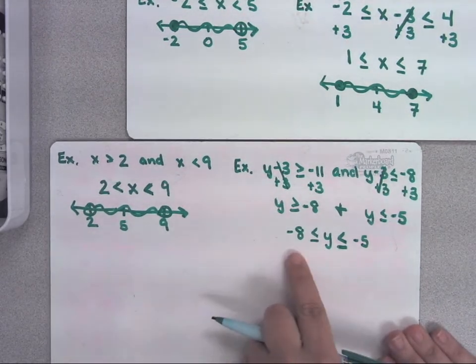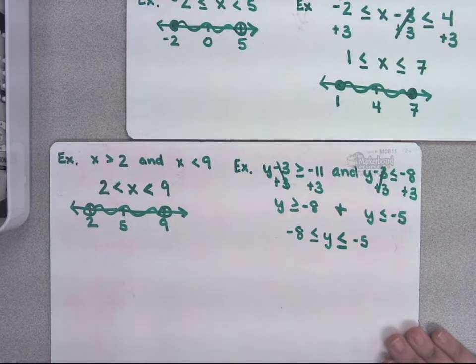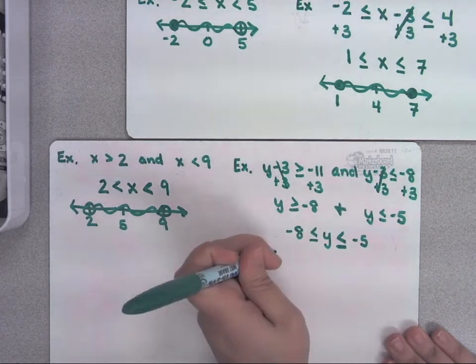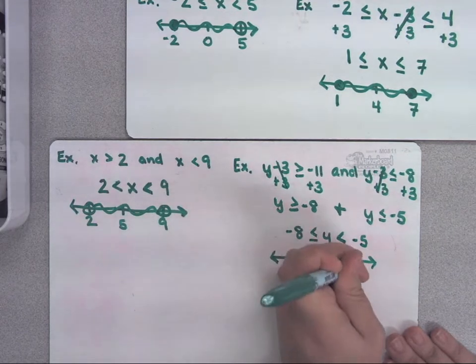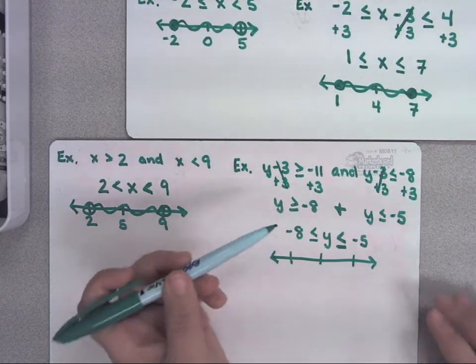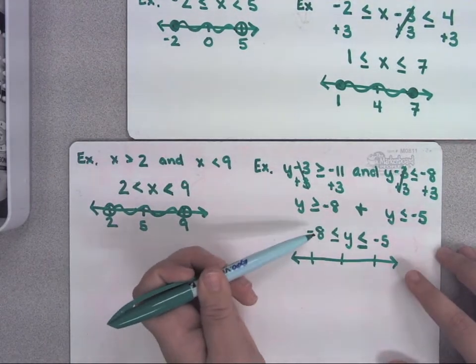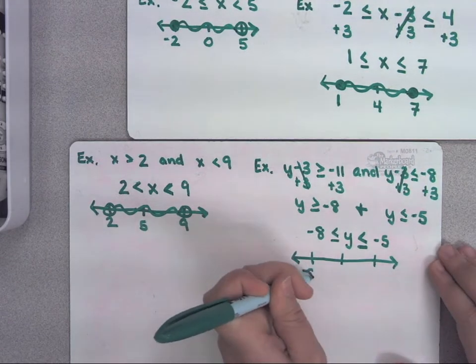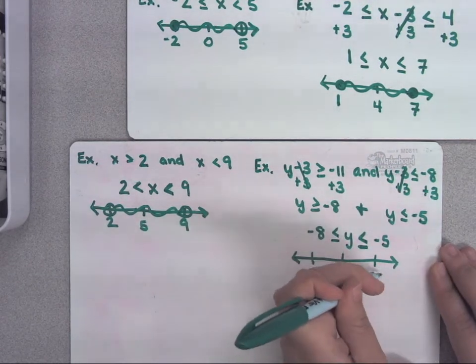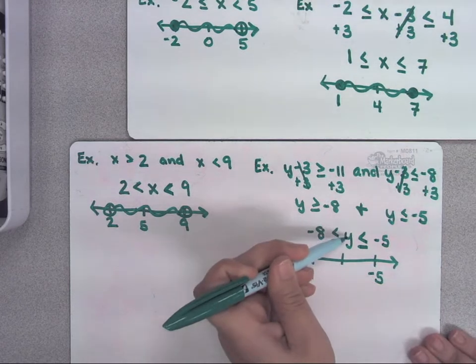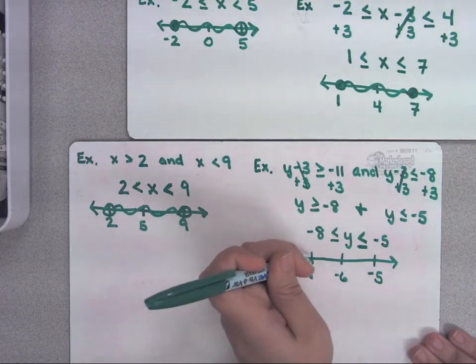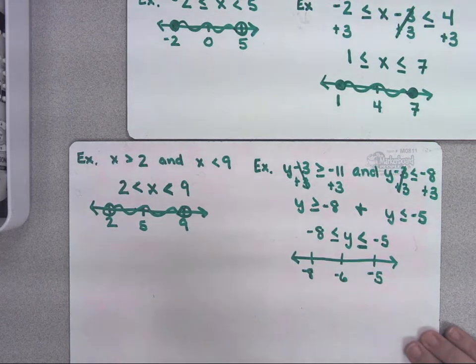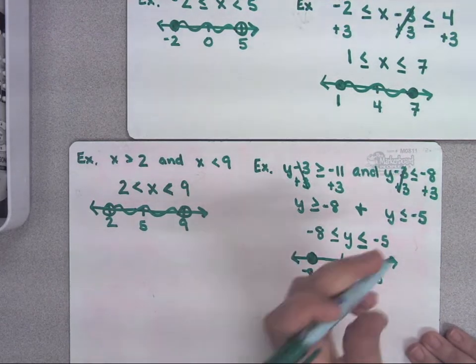Now that it's one big answer, can we graph it? Yes. And see, look, if you write it underneath, the negative 8 goes straight underneath, and then the negative 5 goes underneath. Y is right there in the middle, so you just pick a number, negative 6. Sure. Closed or open circles for these ones? Closed.